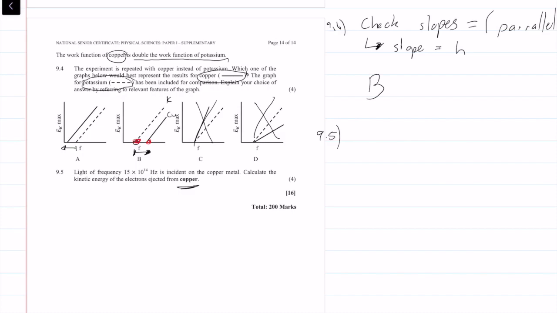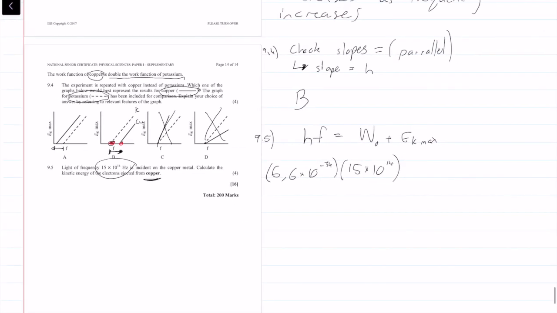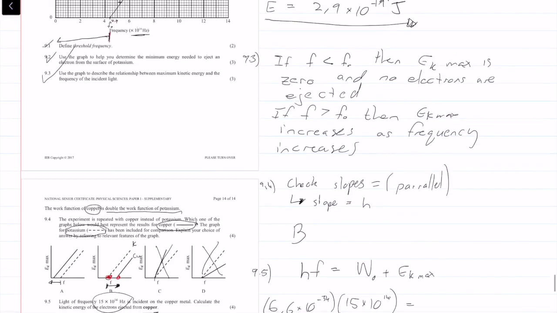The governing equation is hf equals the work function plus EK max, the maximum kinetic energy. h is Planck's constant, 6.6 times 10 to the minus 34, times f, the incident frequency, 15 times 10 to the 14, equals the work function.